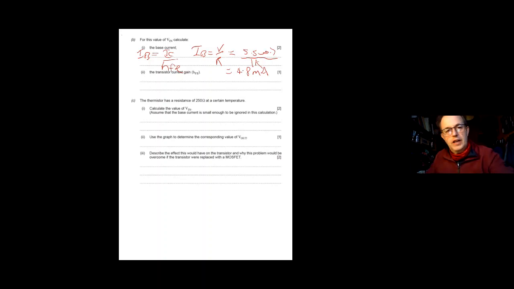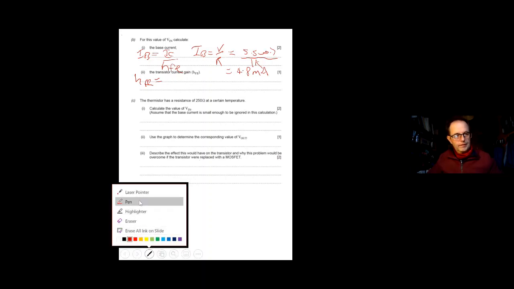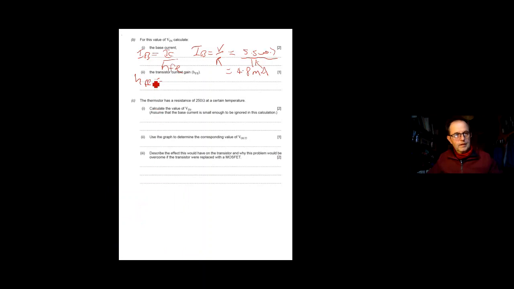You're looking for the HFE, so rearrange your equation so HFE is equal to IC divided by IB.